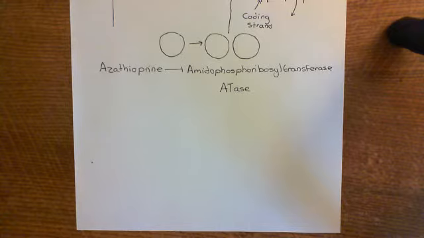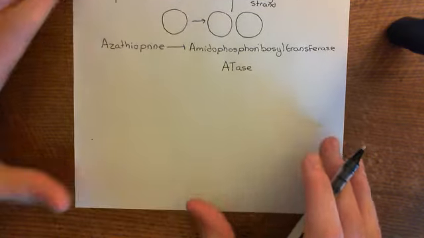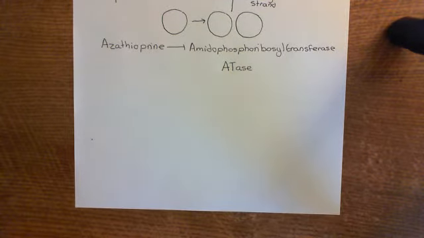What's its usual function within cells? Well, basically, let me explain. What it's going to do is usually catalyze a reaction where it converts a molecule known as alpha phosphoribosyl pyrophosphate, and it's going to convert it into 5-beta phosphoribosylamine.